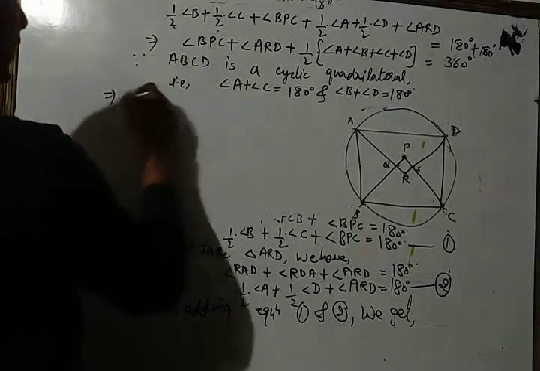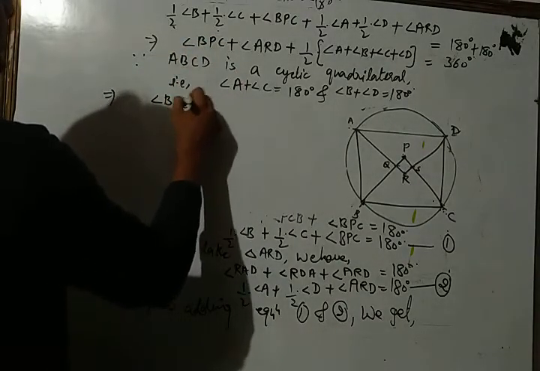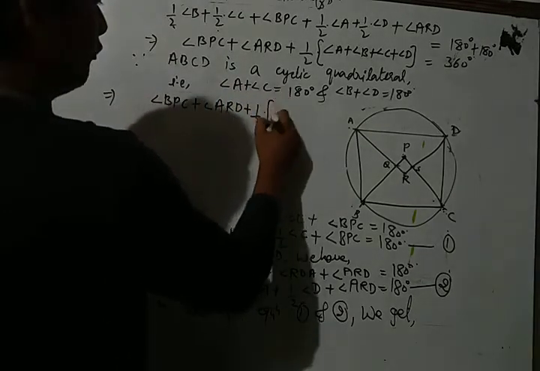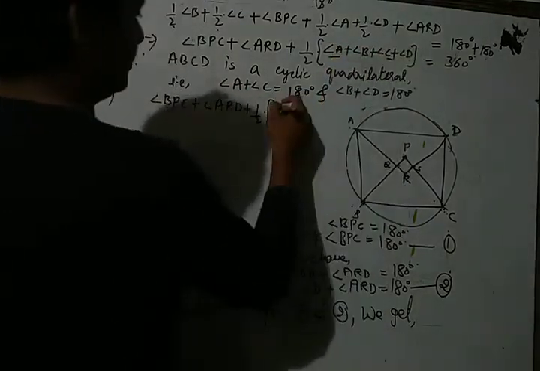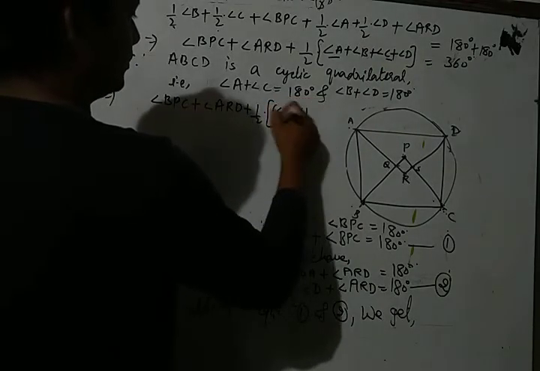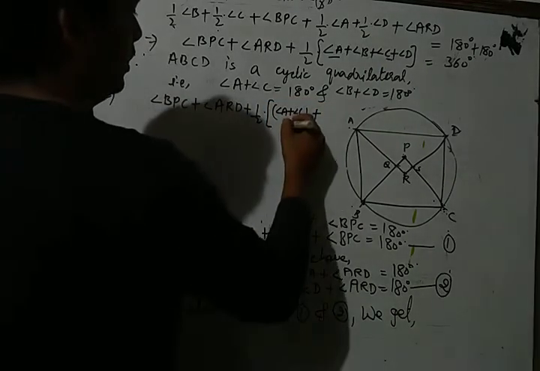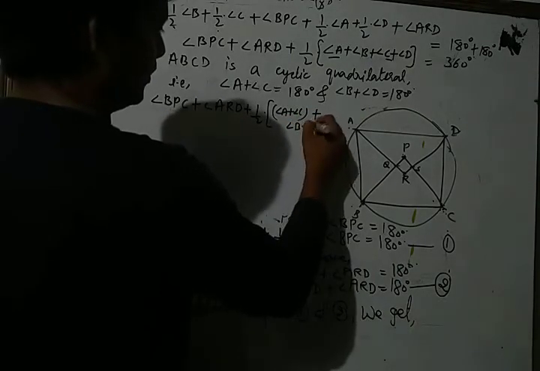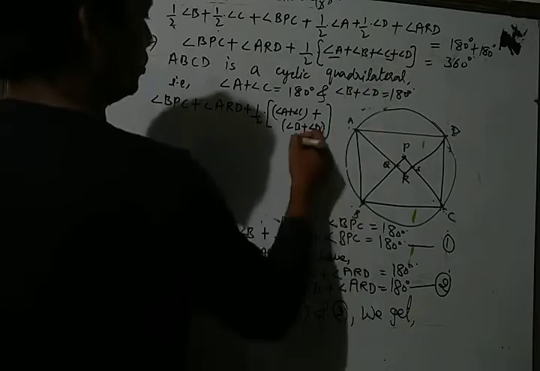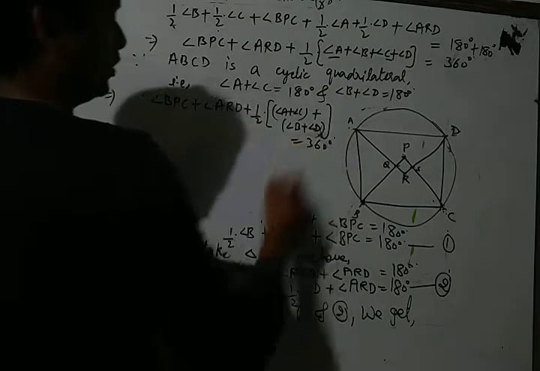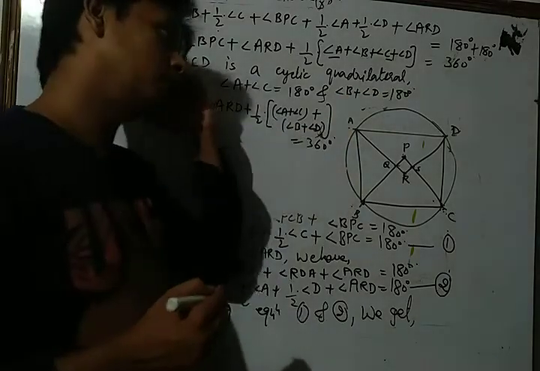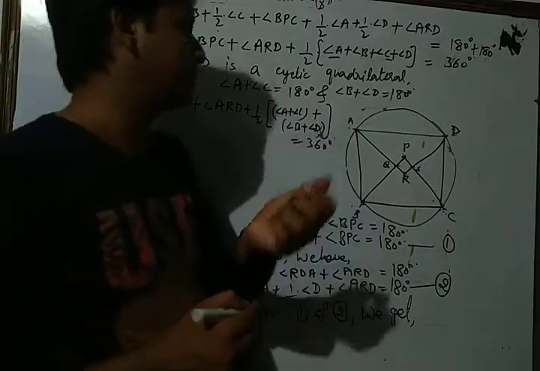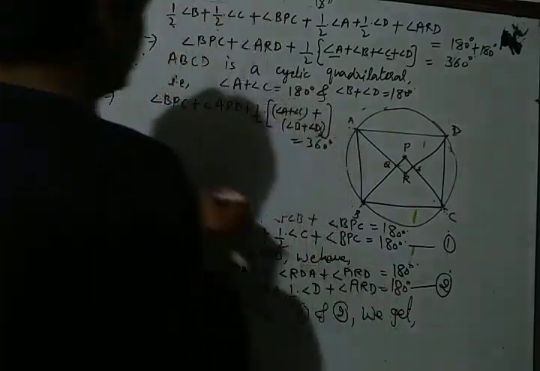So we have angle BPC plus angle ARD plus half of angle A plus angle C together, plus angle B and angle D together, equal to 360 degrees. Now we put the value of angle A plus angle C as 180 and angle B plus angle D as 180.